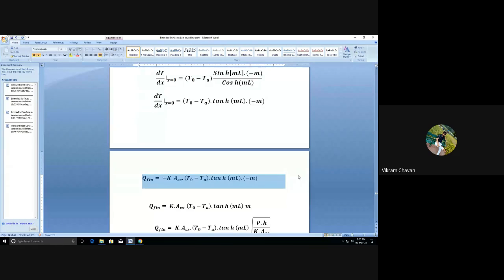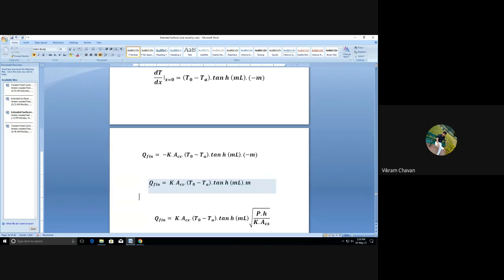Okay, so the minus sign of minus k and the minus of minus m will convert into a plus. So we'll get the equation for Q fin as Q fin is equal to k multiply by A suffix cs multiply by (T naught minus T_a) multiply by tanh of mL multiply by m.